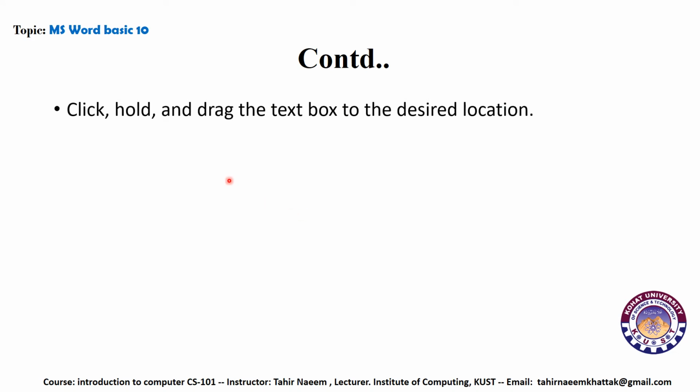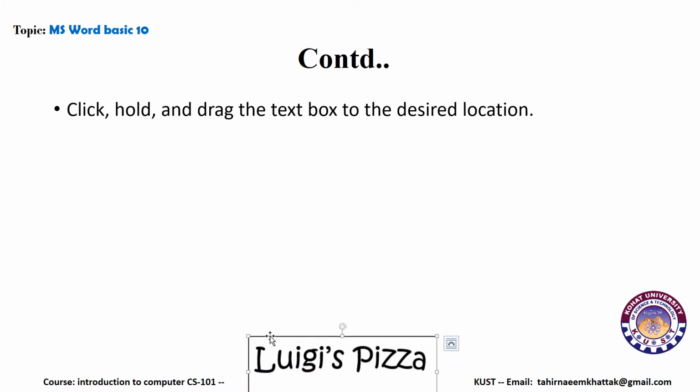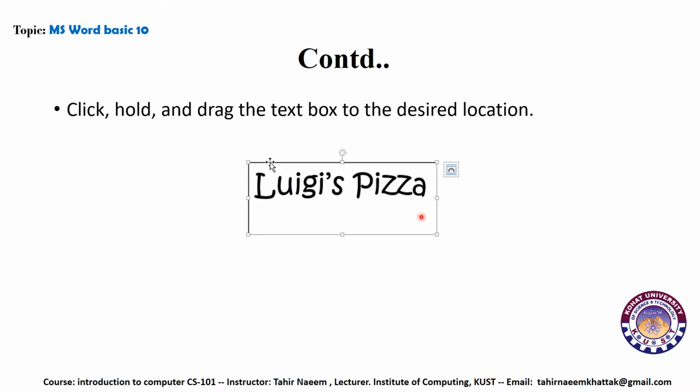Then we'll click, hold, and drag the text box toward where we want to move it. As you can see here, whenever we move onto the edges of it, the cursor shape changes like this, and we can move it here and there according to our wishes.